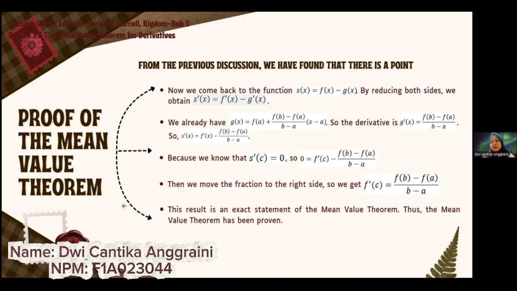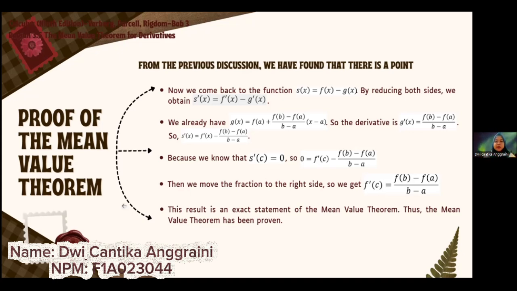So the derivative is g prime of x equals (f(b) minus f(a)) over (b minus a). Because we know that s prime of c equals 0, so 0 equals f prime of c minus (f(b) minus f(a)) over (b minus a).